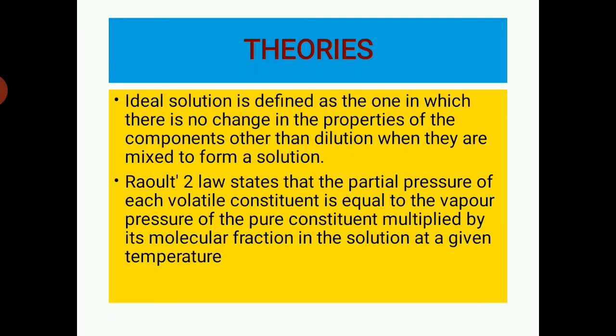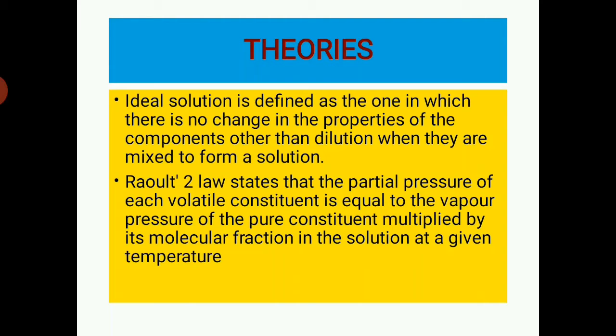Raoult's law may be mathematically expressed as the partial vapor pressure of a liquid being equal to the vapor pressure of the pure liquid multiplied by the mole fraction of the liquid.